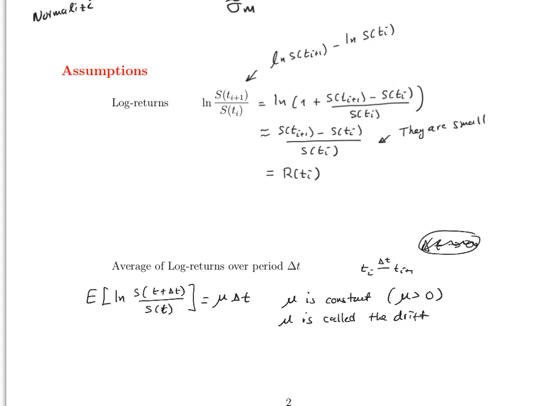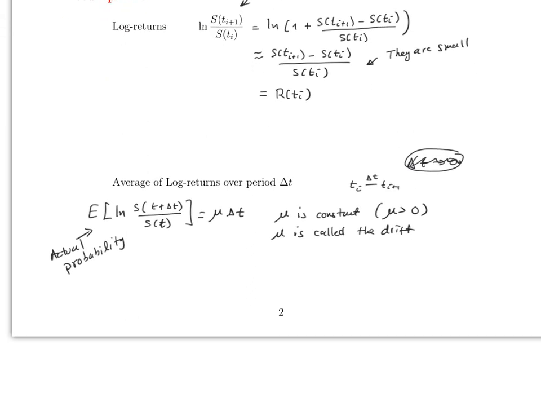So here E is the actual probability, not the martingale probability. Okay. Notice, this is important to see. So note that when we have the bank account, by definition it was equal to this, right?